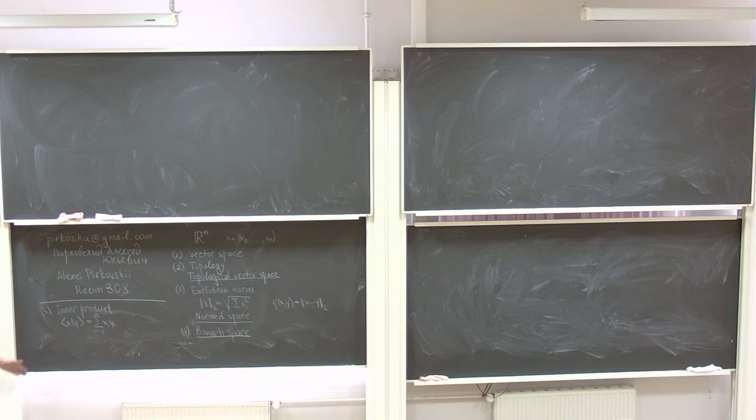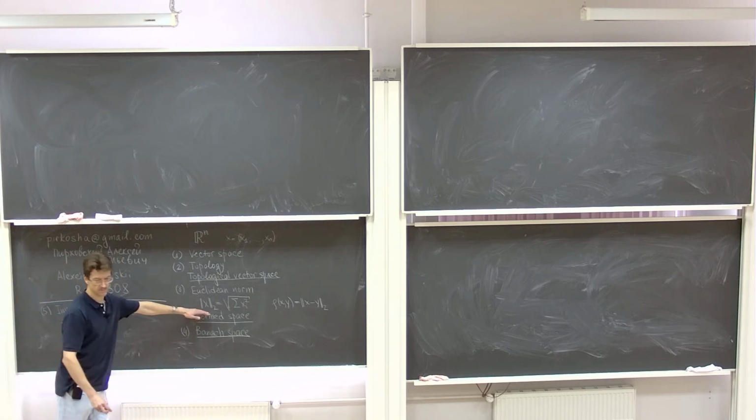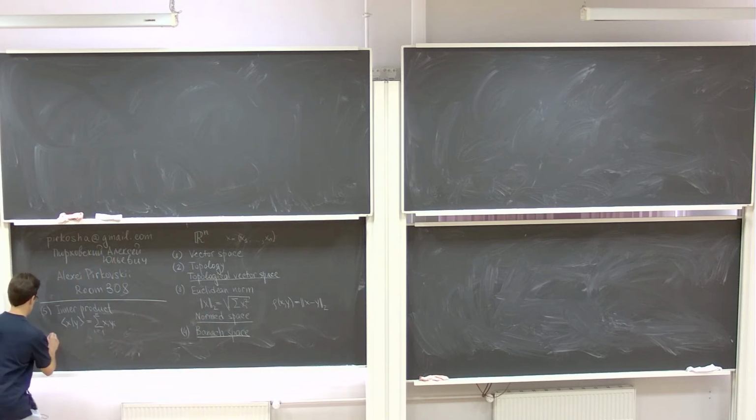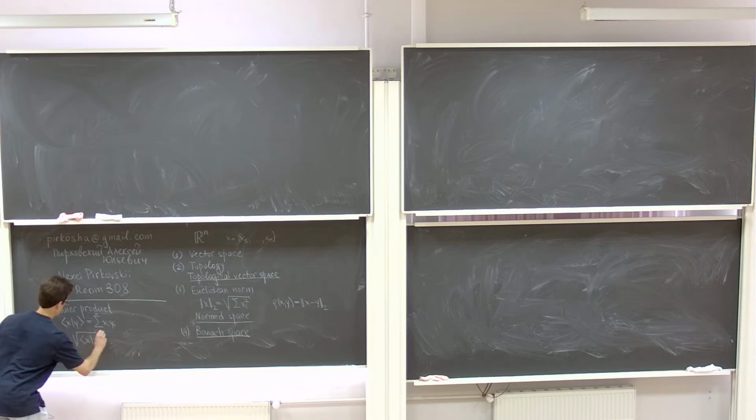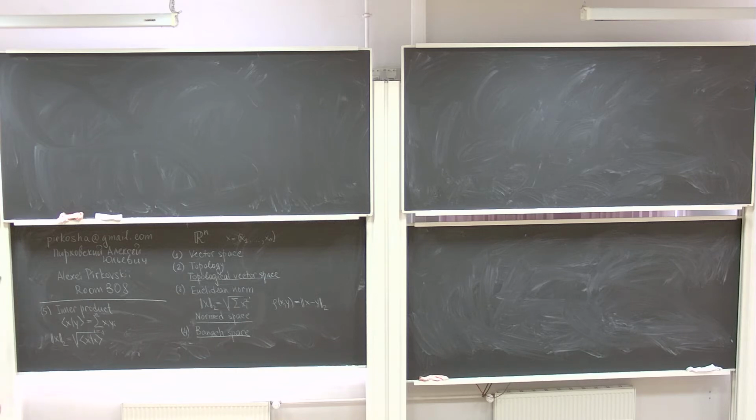And this inner product determines the Euclidean norm in the sense that the Euclidean norm is related to the inner product by the following rule. So the norm is the square root of the inner product of x by itself. And this means that Rn is not just a Banach space, it's a Hilbert space.